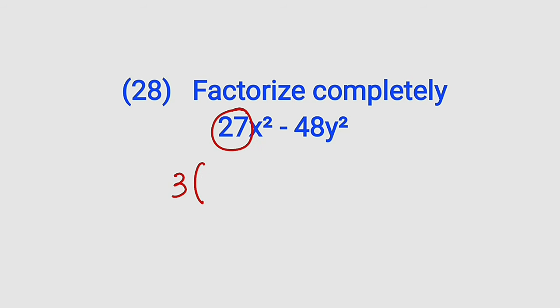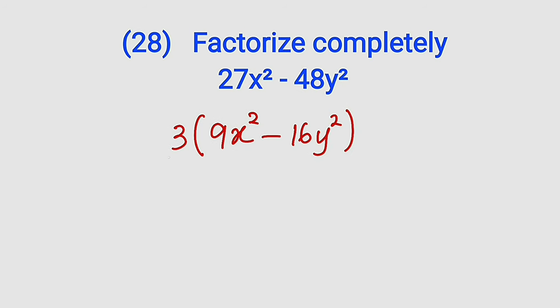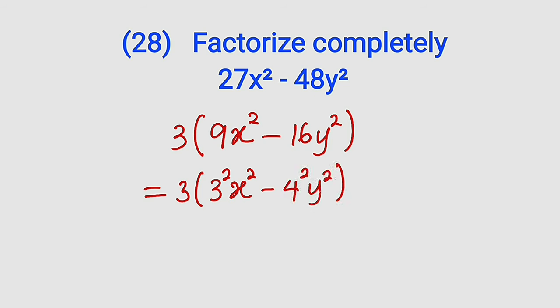Inside, 27 divided by 3 is 9x squared, minus 48 divided by 3 is 16, then y squared. Then remember also that 9 can be expressed as 3 squared, and 16 can be expressed as 4 squared, and we have y squared.